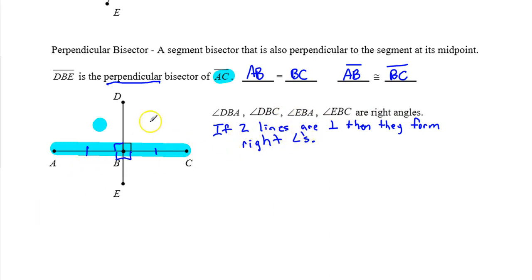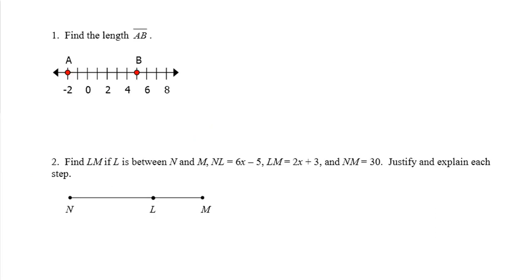All right, so let's move on and look at a few examples here. First of all, let's find the length of AB. Let's remind ourselves that the length of AB is going to equal the absolute value of B minus A. It's the absolute value of the difference. Since I'm using length, I'm using the equal symbol.